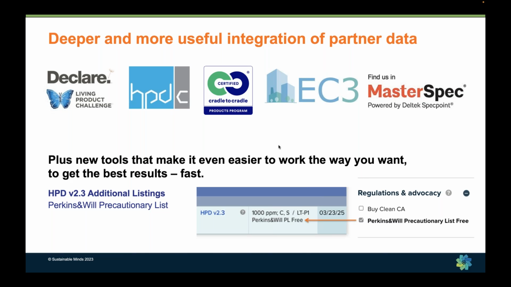One of the things that's coming next month with the enhancement of HPDs to version 2.3 and the additional lists is we'll be adding a filter for the industry to use, whether they work at Perkins and Will or whether they want to design to those requirements, that they'll be able to filter in one click and find HPDs for products that have passed the Perkins and Will precautionary list screen and disclose that there are no precautionary list chemicals in that product.